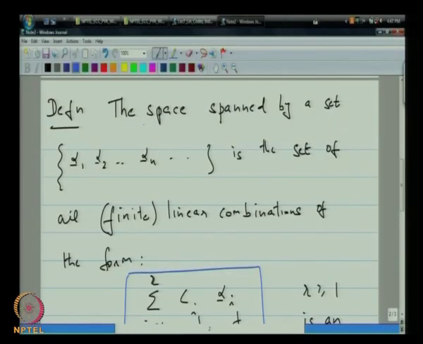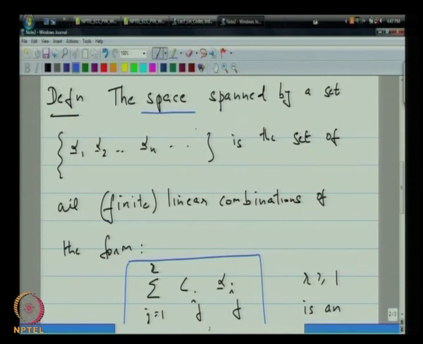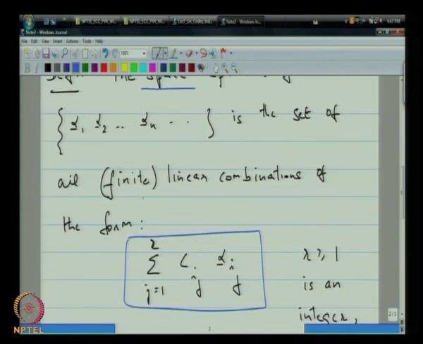One comment here: I have used the word space, the space spanned. If you look at this, it is a set, possibly infinite. So why do I call it a space instead of a set?